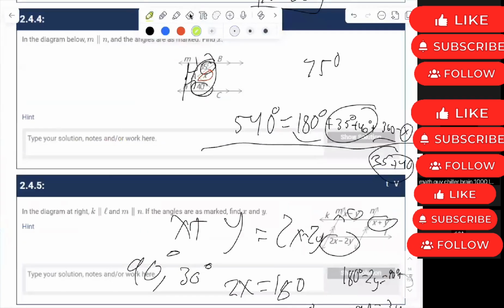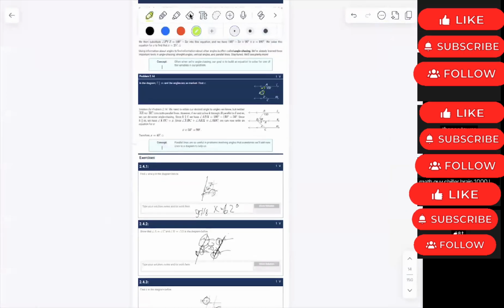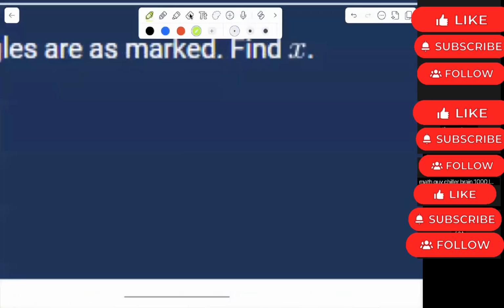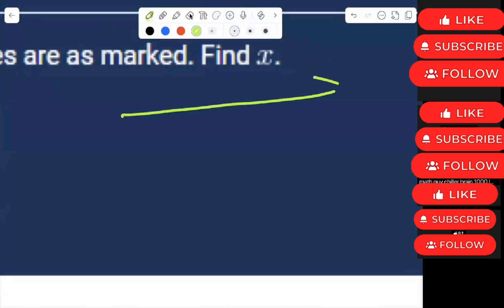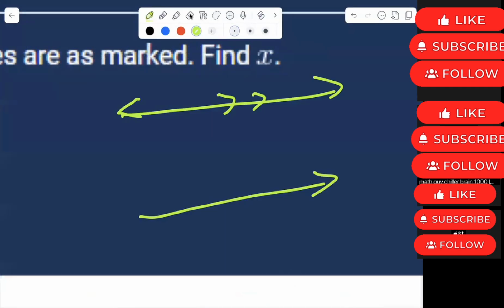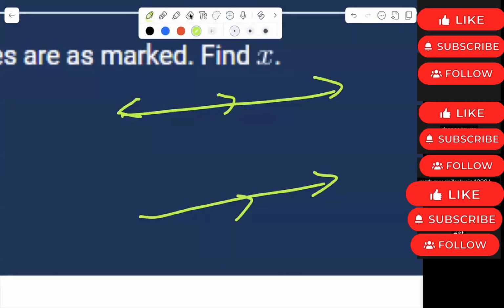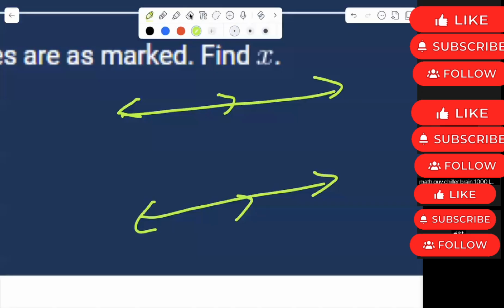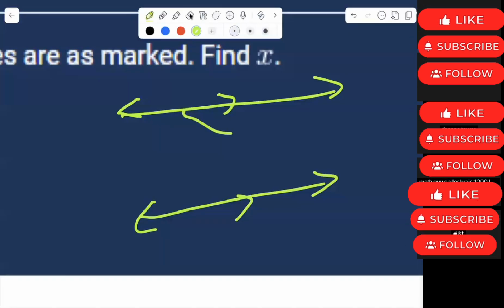We said, given any length, we have two parallel lines. We have two parallel lines. And we have this figure, all right?